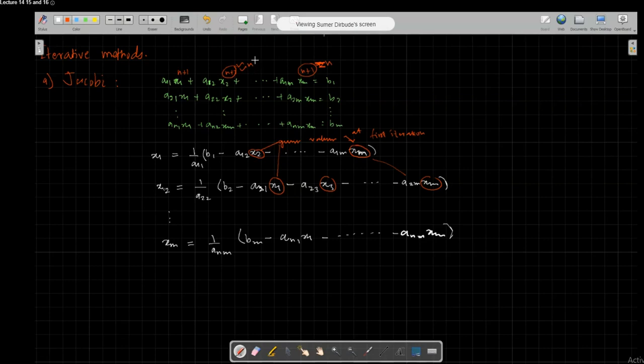And from that guess, we calculate the unknown and we keep correcting this unknown. In that sense, it is iterative. Okay. So in Jacobi, we take x1, x2, x3 like this, and again you calculate. A similar procedure you also follow in the method called the Gauss-Seidel method. Okay. The second method is also called the Gauss-Seidel method.